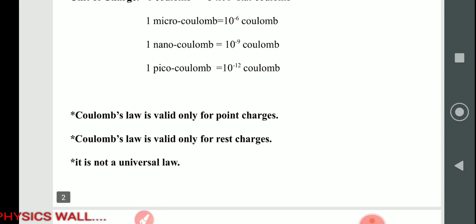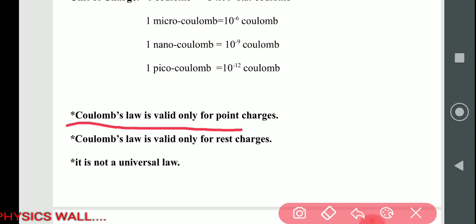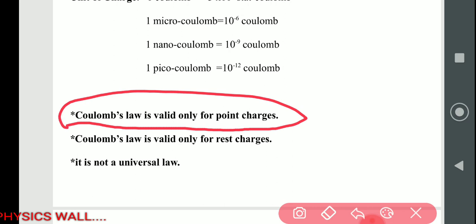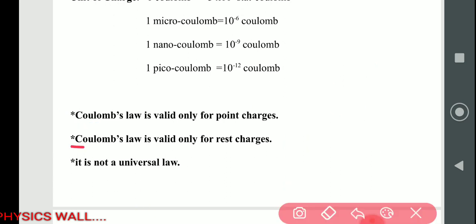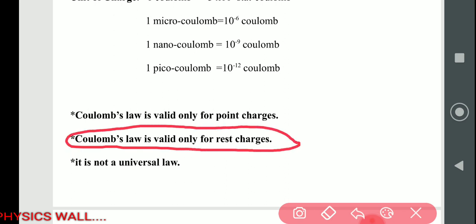Now we have some important points related to Coulomb's law. Number 1, Coulomb's law is valid only for point charges. So when the charges are very big, Coulomb's law is not valid. Number 2, Coulomb's law is valid only for charges at rest.